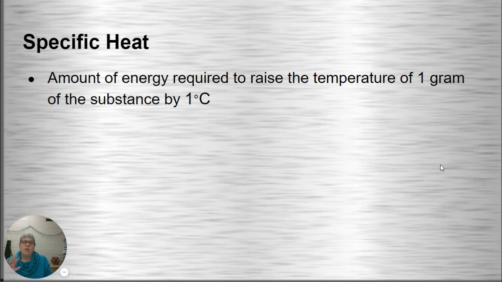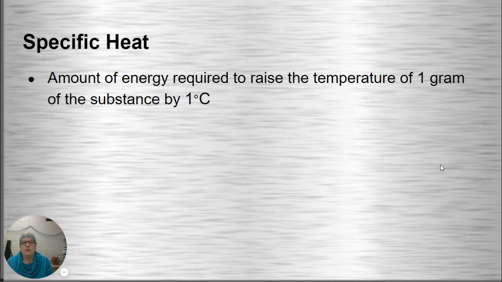So when we talk about different substances like water, air, metals, wood, whatever, all of those things change their temperatures at a different rate than other things do. How fast something changes temperature has to do with how much energy it takes to make that thing actually change a degree Celsius.